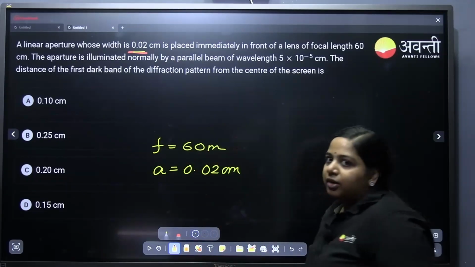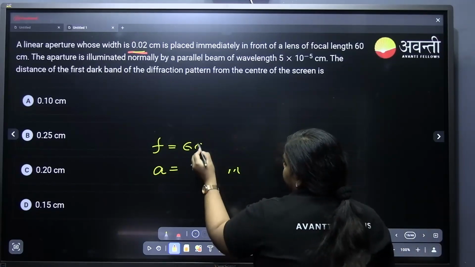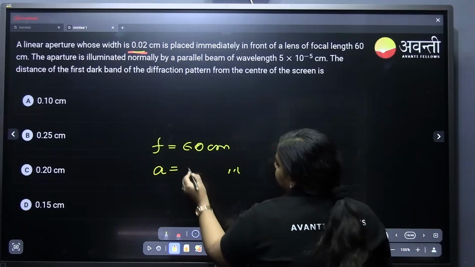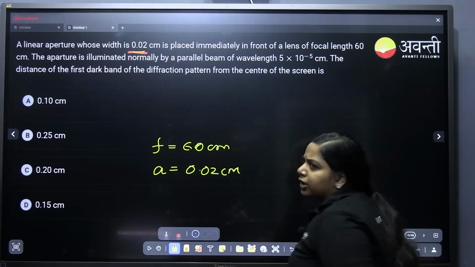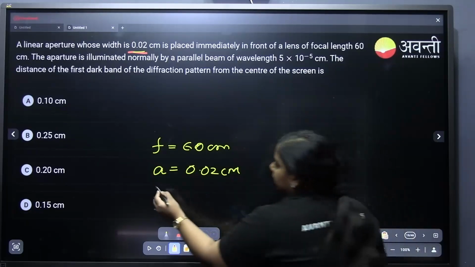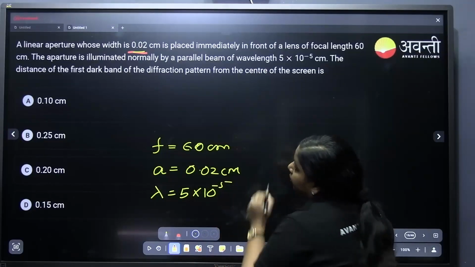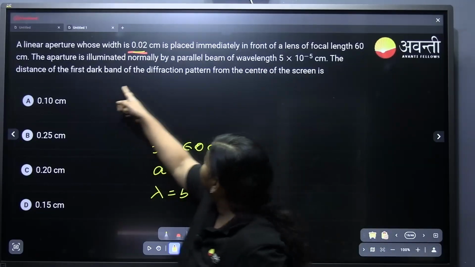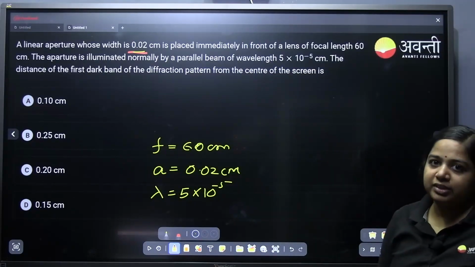So you might get confused. Why are we talking about a lens in this chapter? In the last chapter, ray optics, we already talked about lens. Why are we talking about it again? Let's see. Lambda is given as 5 into 10 to the power minus 5. You have to find the first dark band of the diffraction pattern from the center of the screen.